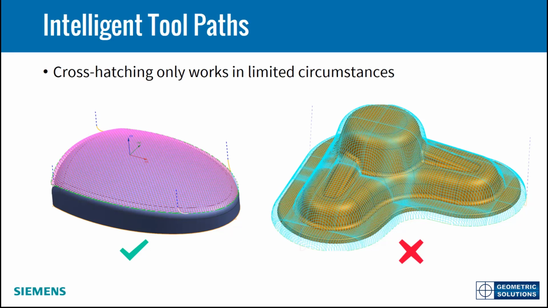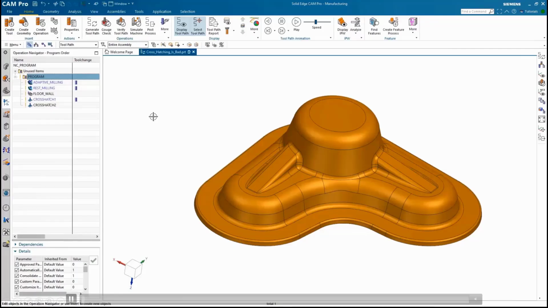Some of our competitors will tout cross-hatching because that's the best that they've got. But let's see an example of how cross-hatching is limited on a more complex part, like the one on the right.